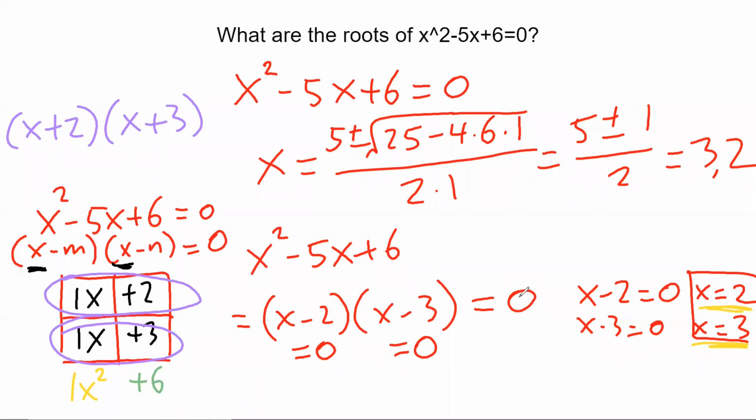Okay, so if you expand it, you get x squared plus 5x plus 6. And you'll actually notice that these two equations don't match, right? So that means something somewhere went wrong, because our goal is to have these two equations match.